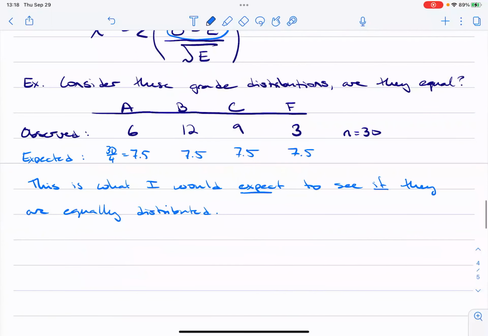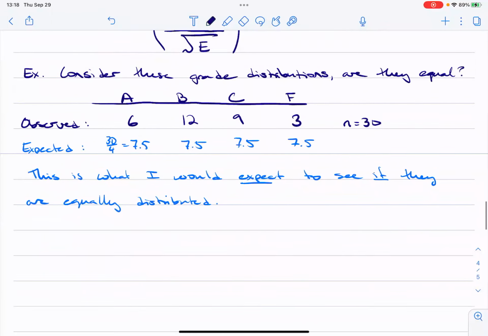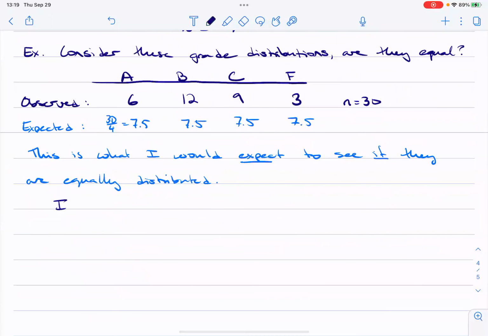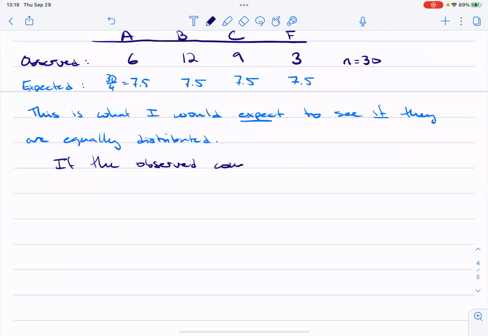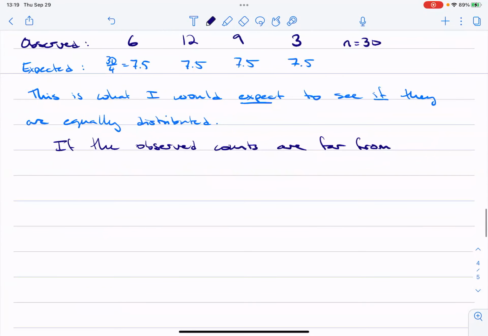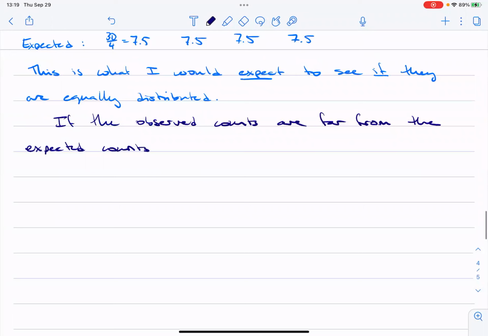Okay. So if the observed counts are far from the expected counts, chi-squared will be large.